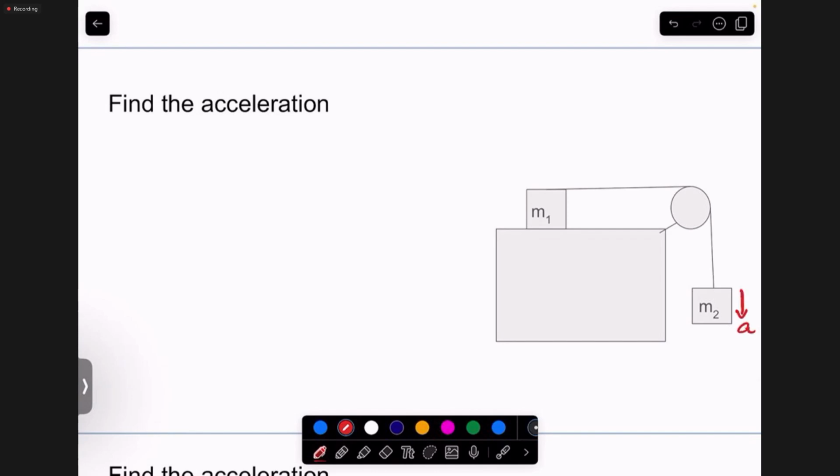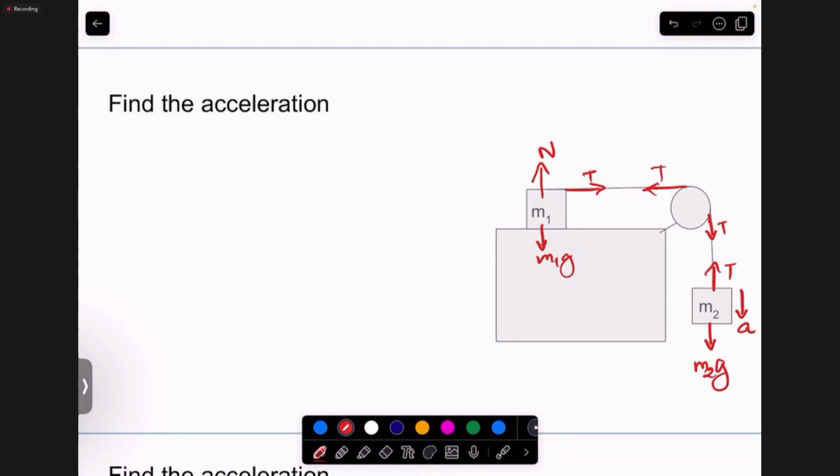We need to revise the pulley string problem. The key concept here was, over the same string, tension will be the same. So this is the tension force in the string, and since the same string is going over the pulley, the same tension force will be there here. Tension force is countering the weight of this block, and the weight of this block is acting downwards, and the normal force is here.